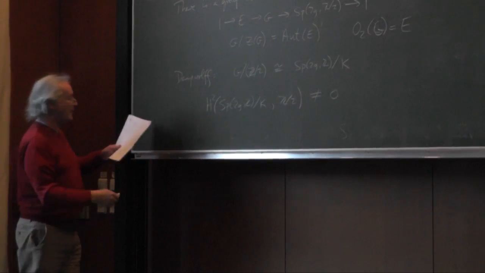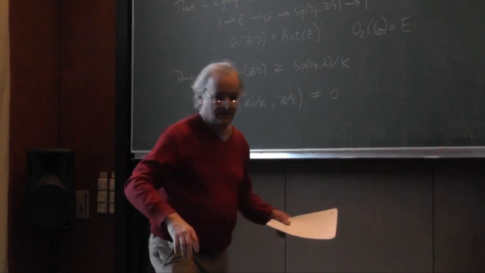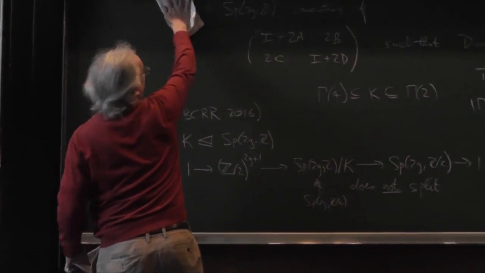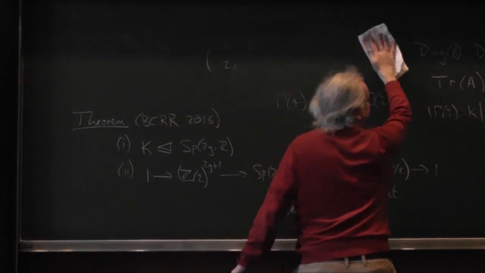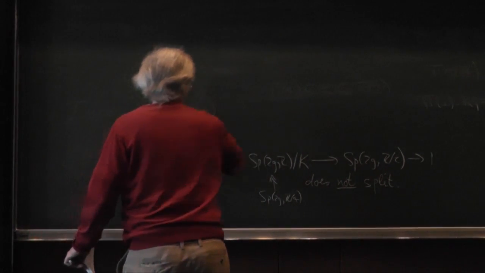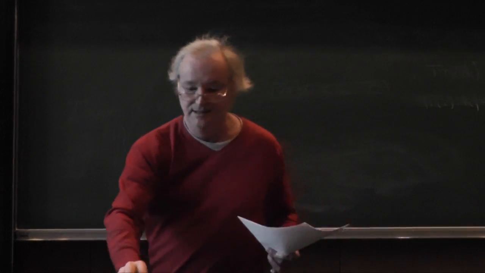So how do we form an upper bound? Well, we can just use the 5-term sequence in group cohomology to give an upper bound on this.